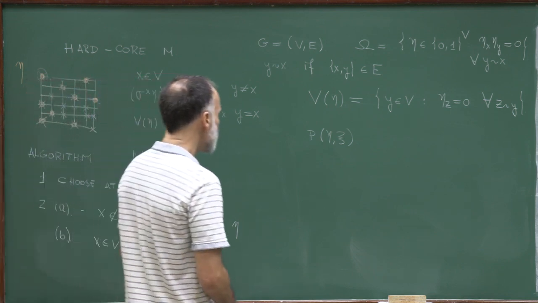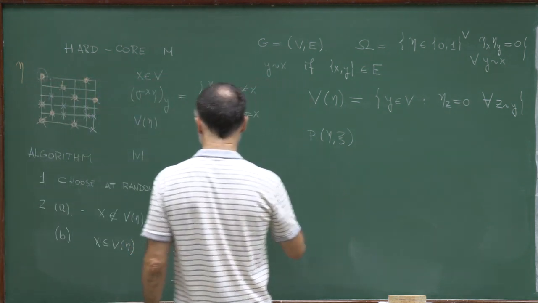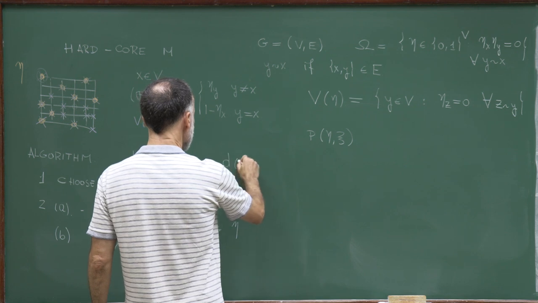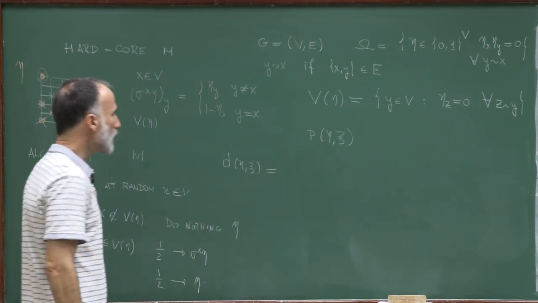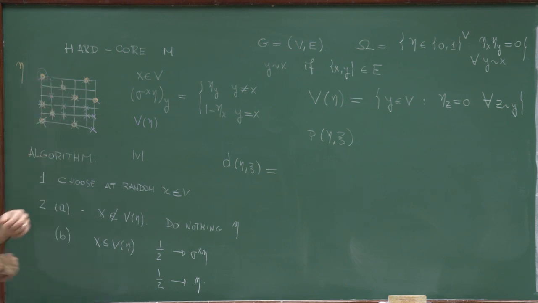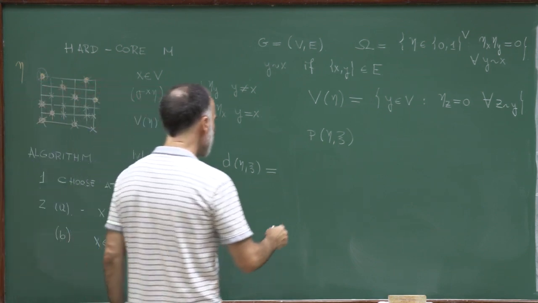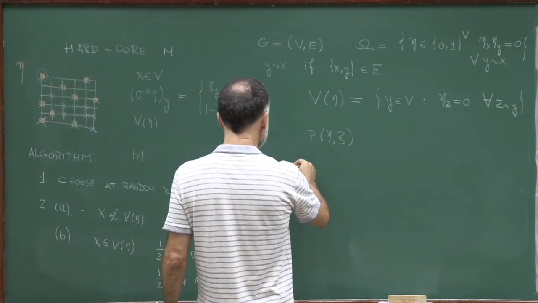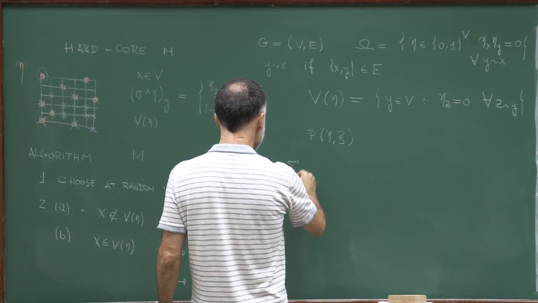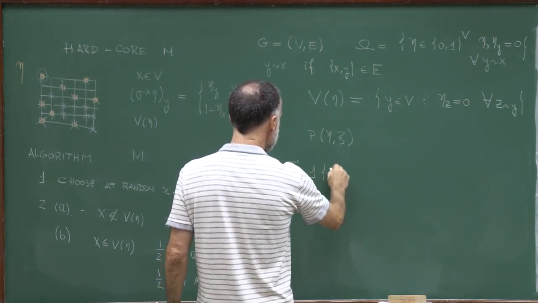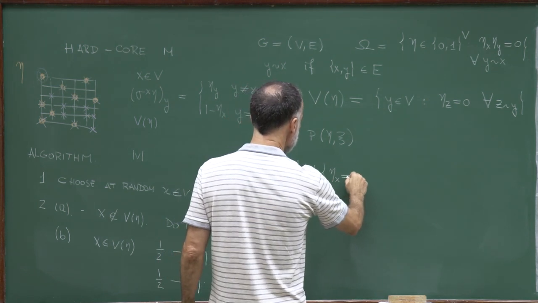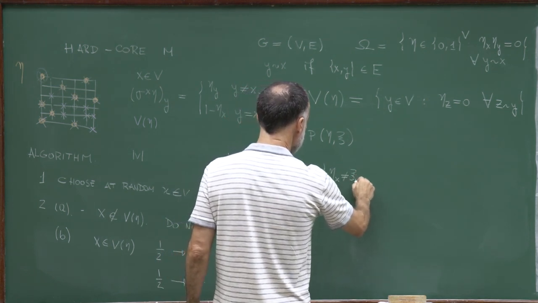So let me define the distance between eta and psi. This distance will just count the number of sites at which eta and psi are different. So I sum over all sites, and I add 1 each time eta x is different from psi x.